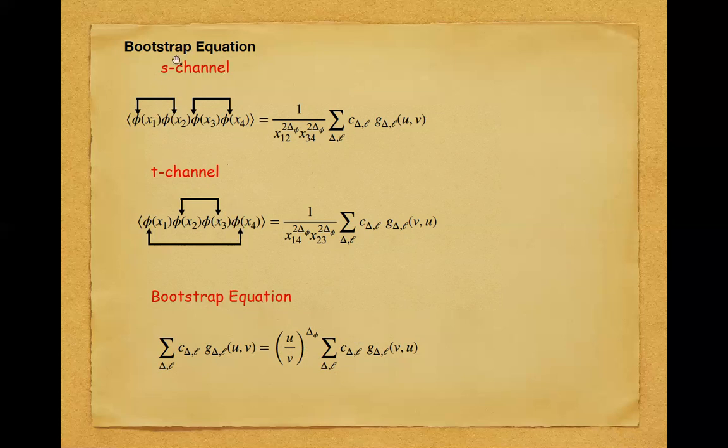This one I call the S channel and this one the T channel, and claiming that these two expansions have to be the same gives us the Bootstrap equation. The factor of U by V to the power delta phi comes because the prefactor has changed, so you have to take the same prefactor out that appears here.